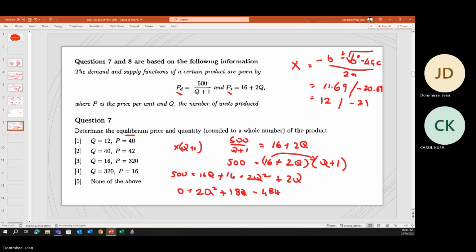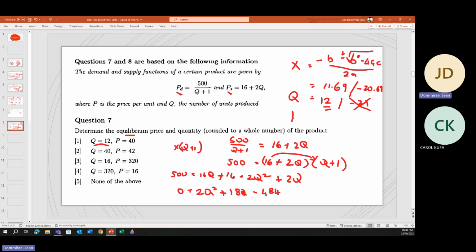But what we've now calculated is Q. So the number of units that one produces, you can't produce negative units. So the minus 21 will fall away. So we will only have one where Q is equal to 12.